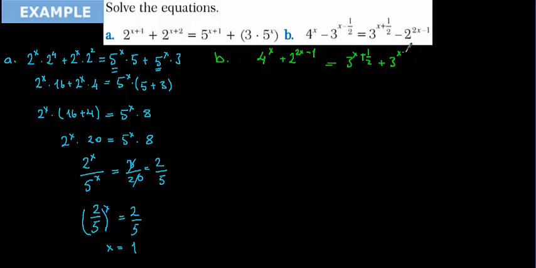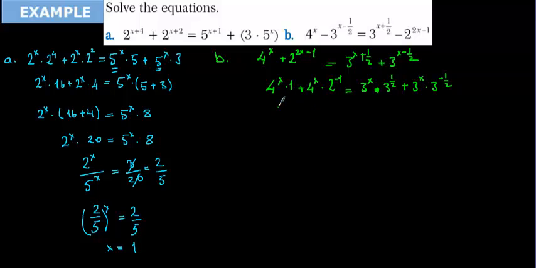So x minus 1 over 2 is going to be, and here it's obvious 2 to the power of 2x is equal to 4 to the power of x. 4 to the power of x times 1 plus 4 to the power of x times 2 to the power of minus 1. And this is 3 to the power of x plus 3 to the power of x times 3 to the power of 1 over 2 plus 3 to the power of x times 3 to the power of minus 1 over 2 it's going to be.